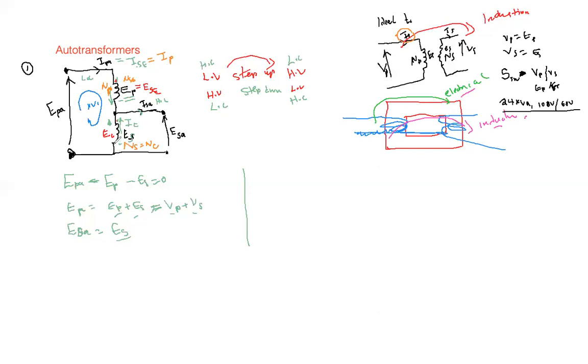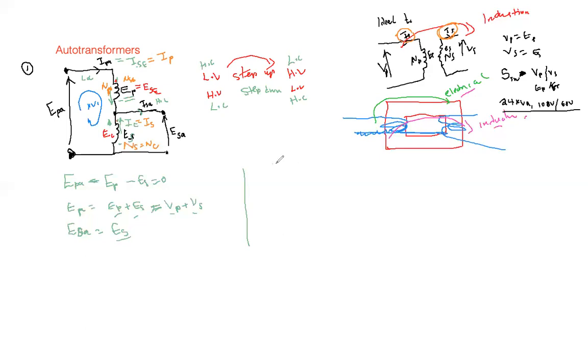Now I'll go to this one. Here I have the secondary winding. That means IC here can also be written as I secondary. Because this current is flowing in the secondary winding, it must be the current that is flowing in the secondary winding of this two winding transformer.